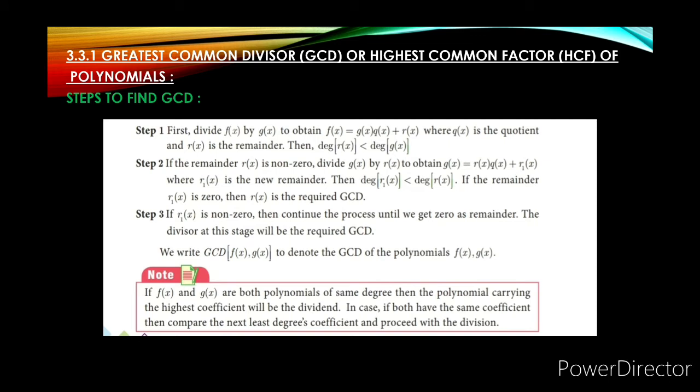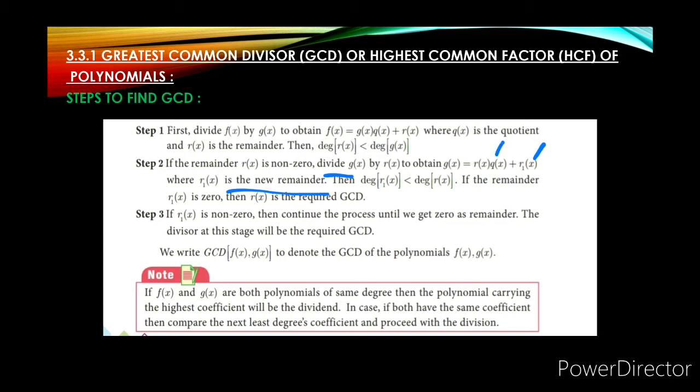That is why I write here, second step: if the remainder r of x is non-zero, then we have to divide g of x by r of x to obtain g of x is equal to r of x into q of x plus r1 of x. Here r1 of x is the new remainder and q of x is the new quotient.